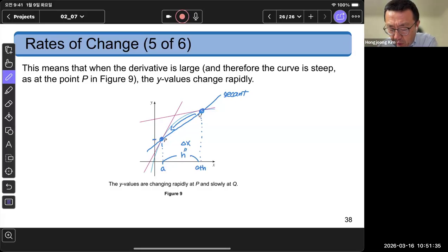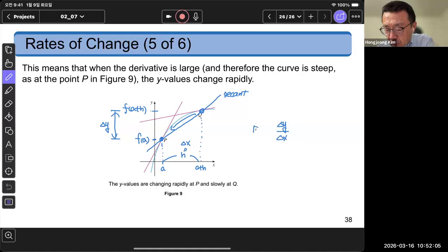The corresponding y values, f of a and f of a plus h, the difference between these two is denoted by delta y. This delta y over delta x measures the average change of the function.